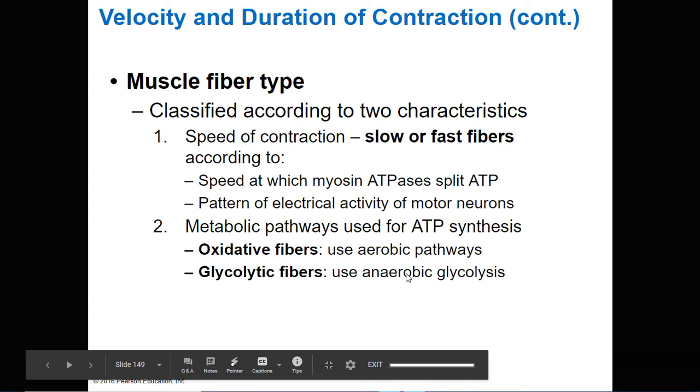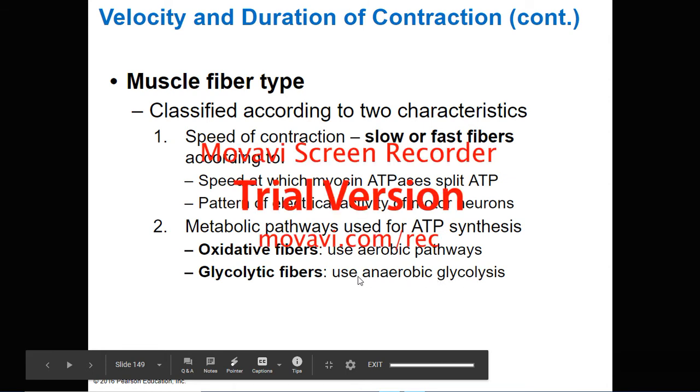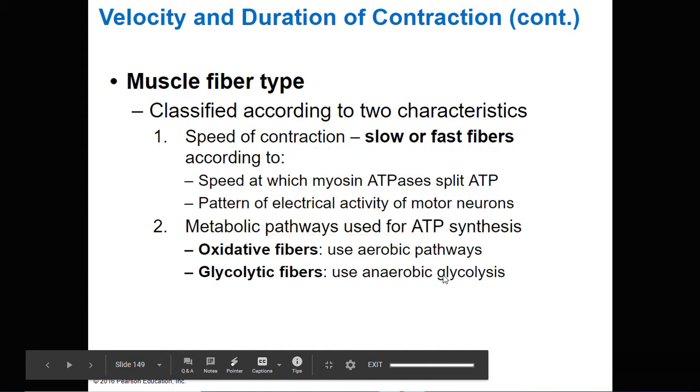So again, when a sugar first enters a cell, in the cytoplasm it's going to go through glycolysis and break the sugar down to two pyruvate molecules, and in this process, it will generate two ATP. And that first step of breaking down the sugar, anaerobic glycolysis, does not require oxygen.